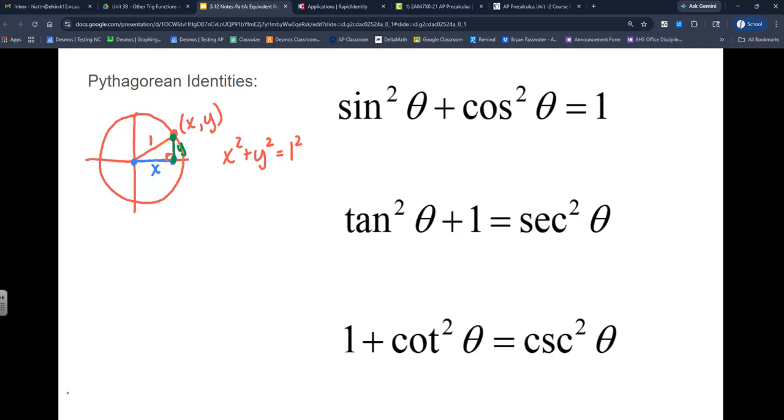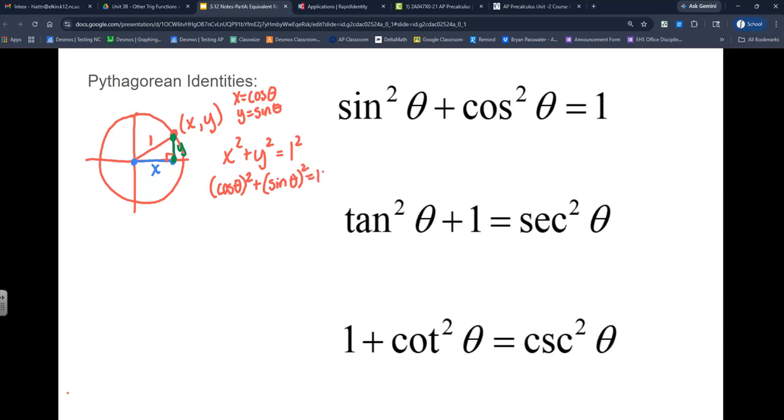That's a pretty basic Pythagorean theorem that you guys probably all mastered already. So this is true. If this is on the unit circle, x equals cosine theta. Y equals sine theta, right? So I can replace that x with cosine of theta, and I can replace the y with sine of theta, and of course 1 squared is just 1.